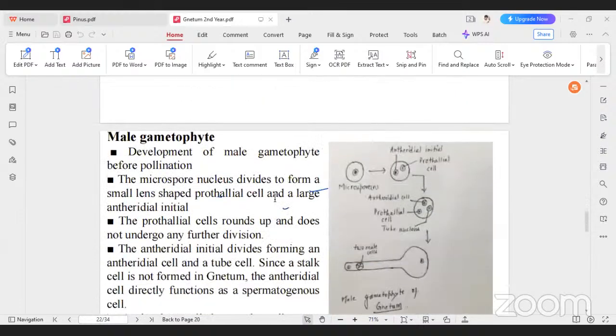Gametophyte of Gnetum. I already told you: microspore gives the male gametophyte, megaspore gives the female gametophyte. Let's discuss the male gametophyte first, its development before pollination. The microspore is here. Don't get confused here.